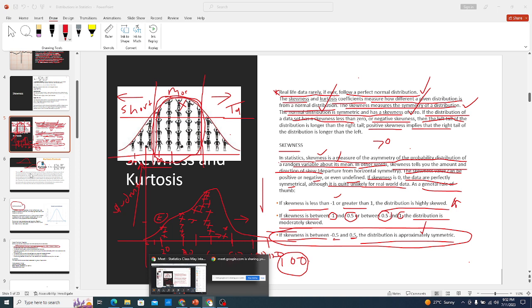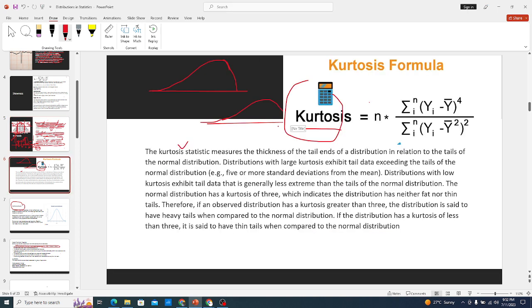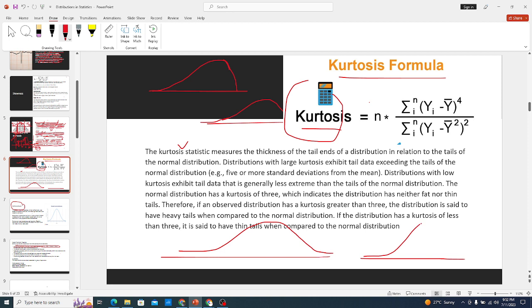I would like to stop at that point and start on kurtosis tomorrow. For kurtosis, we will be dealing with the thickness and thinness of the tails in comparison to a perfect normal distribution.